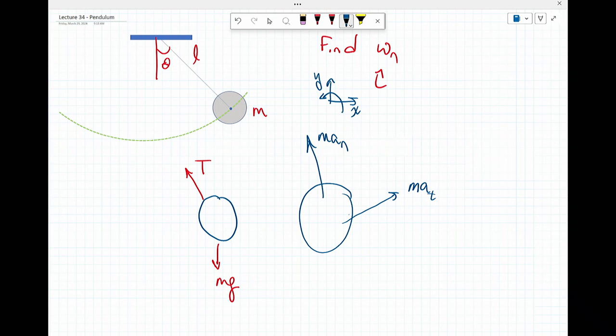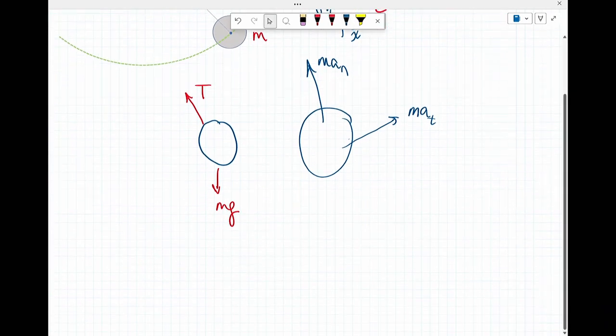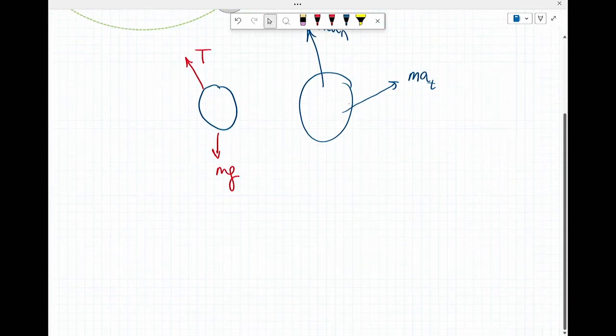That is, you have sum of forces in one direction, you solve for them, then you write everything in terms of theta. This is a particle problem, so it tends to be. But you have sum of forces tangential equals mass times acceleration tangential.